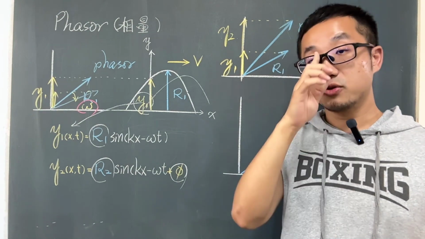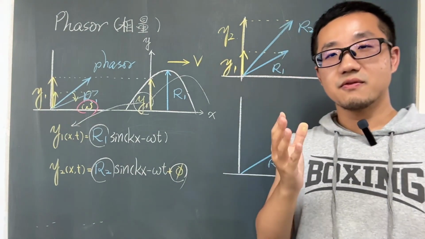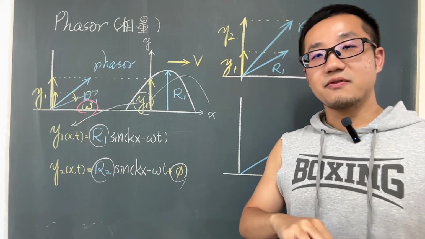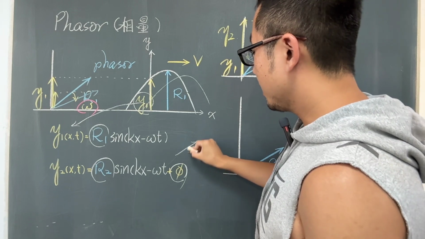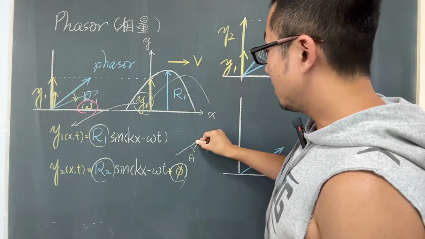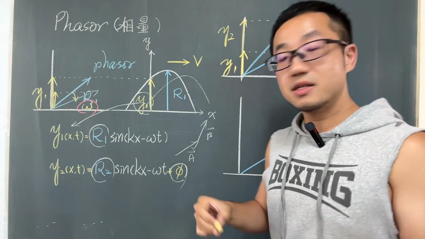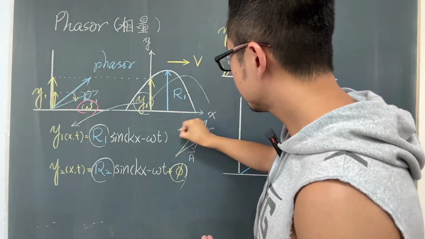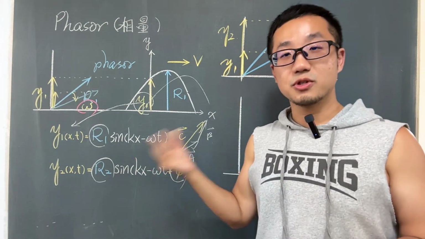So now I want to combine these two waves. How to do so? Now you can treat them like vectors. Do you know how to add vectors? If this is a vector A, and you want to add vector B, and the resultant vector is C, simply by connecting the tail and the head, it is the resultant vector.